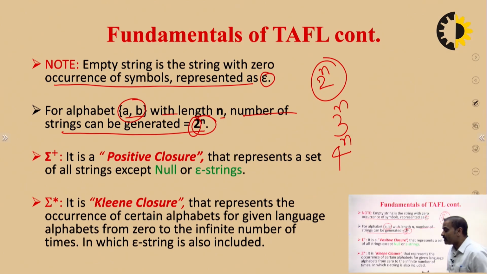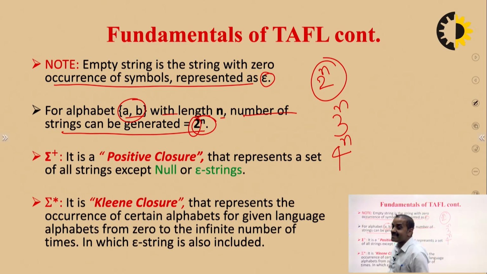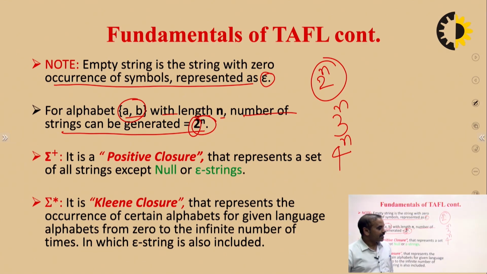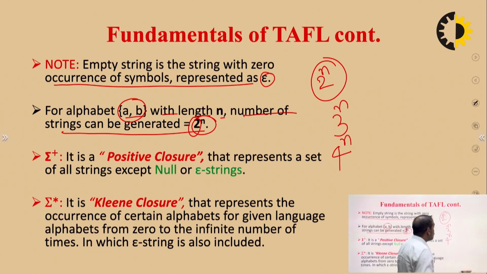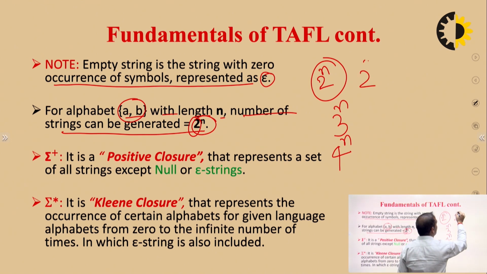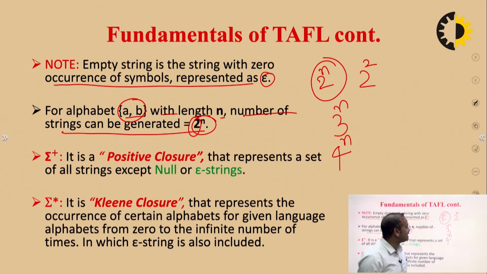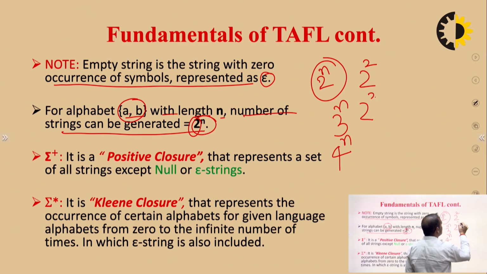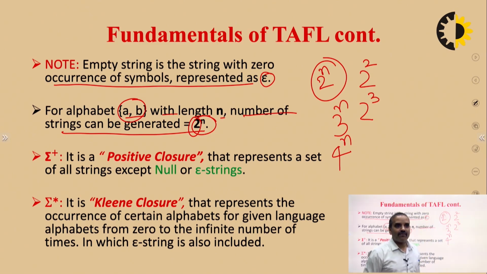If we want to change the length of the string, for example if the length of the string is 2, then how many strings of length 2 are generated for 2 inputs? We can write 2 power 2. What is the number of strings that can be generated of length 3? We can write 2 power 3. What is the number of strings generated for 2 inputs A comma B of length 4?